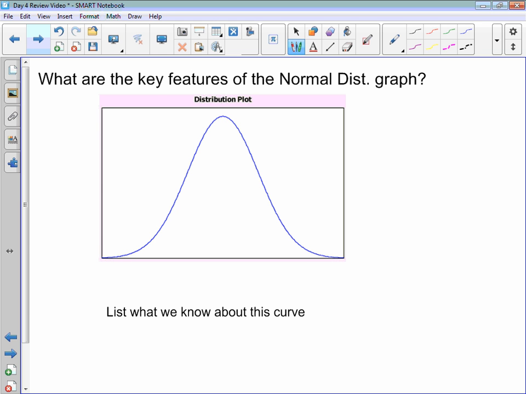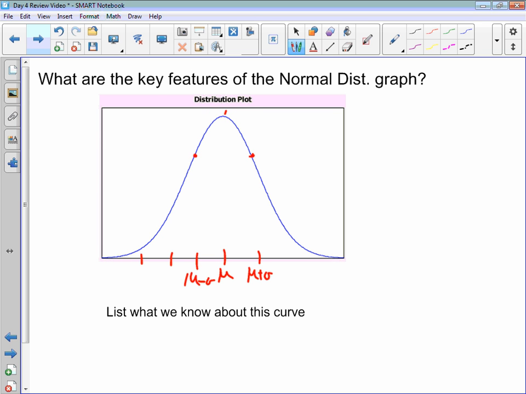Well, the first thing we know is that directly under the peak is the mean. The other point we know is that right here and right here, where it changes from concave down to concave up, the inflection point is 1 standard deviation away from the mean.